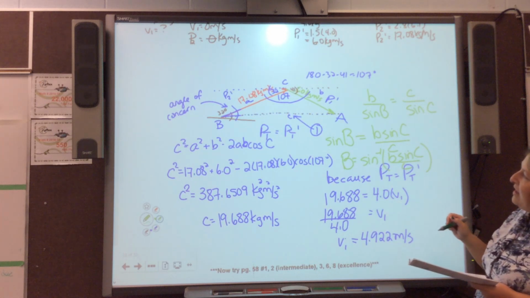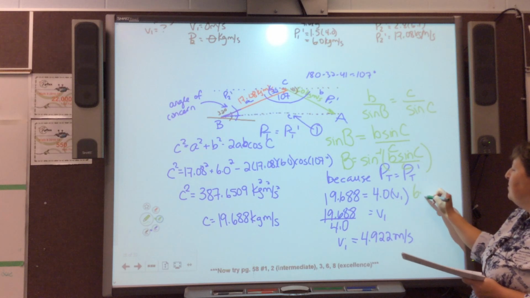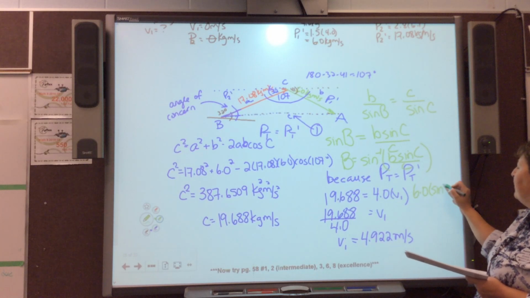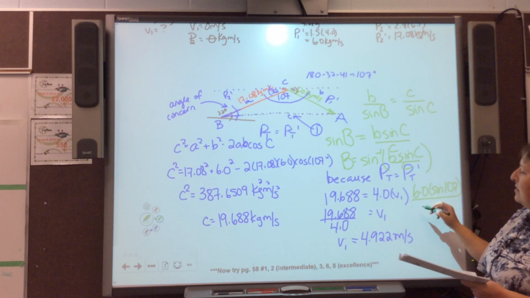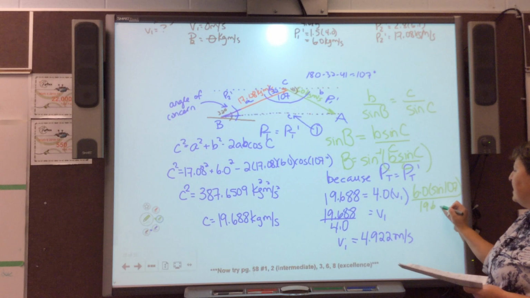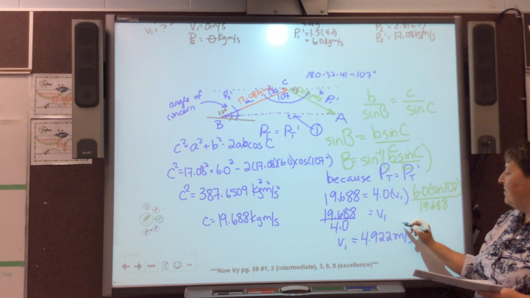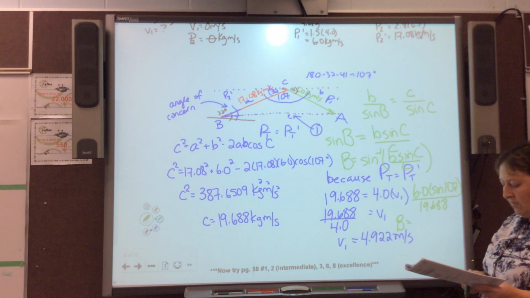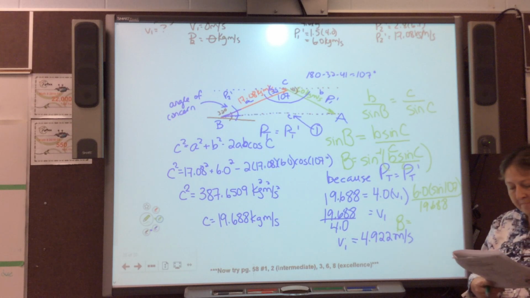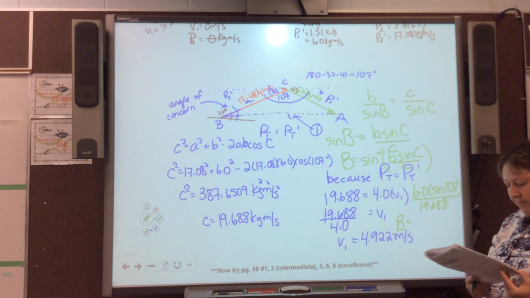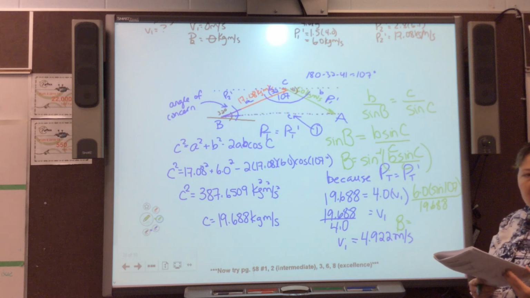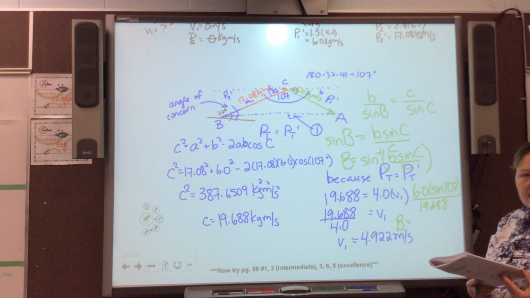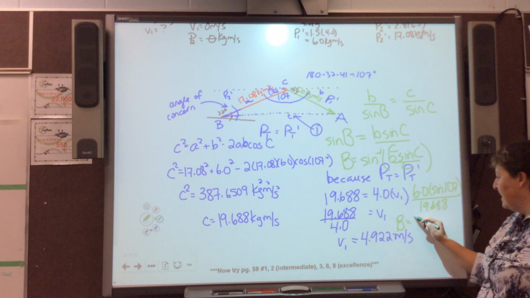So the math inside the brackets is 6.0 times the sine of 107 divided by 19.688, and you take the inverse sine of that, and you get 16.94.